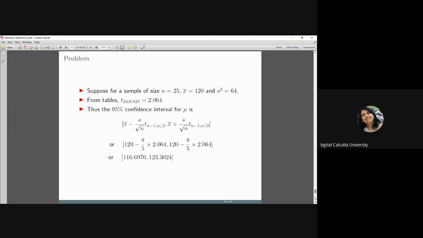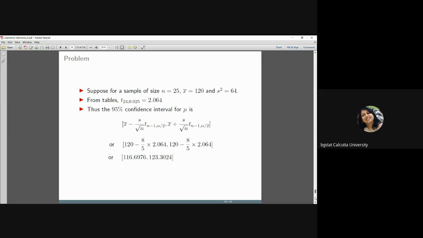So this is how you calculate the confidence interval. X bar, which is 120, minus s, so s square is 64, which means s is 8, by root n, where n is 25, so root n is 5, times the t value which I found, which is 2.064. This is the lower bound, and for the upper bound, there's a typing mistake here, it should be 120 plus 8 by 5 times 2.064.